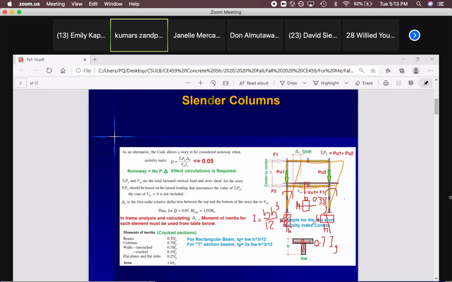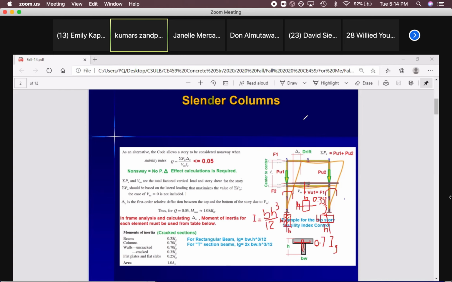So in this case, just rectangular and rectangular, but this is 0.7, that one 0.35. So where are we going to use this? Today, for finding the K factor for the columns, we need to use the cracked moment of inertia for the beams and columns. So that's a quick review from last week.